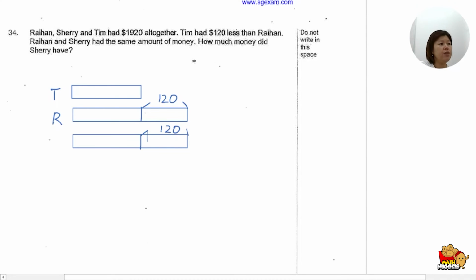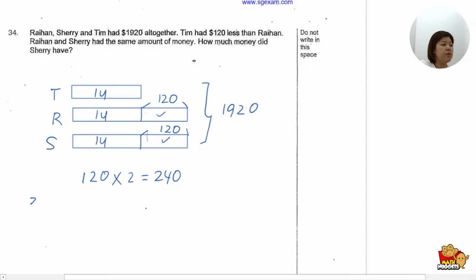And my Sherry is the same as Raihan. So means this is also 120. So all these three is the same number. I can put 1 unit inside. And all this is 1,920. So the extra, which is these two, I can take 120 times 2 equals to 240. So I can remove them, which will leave with 3 units. So I minus.